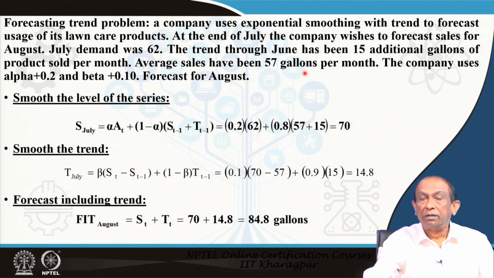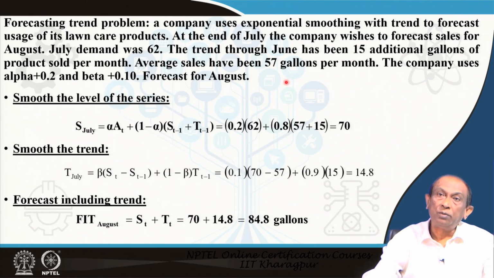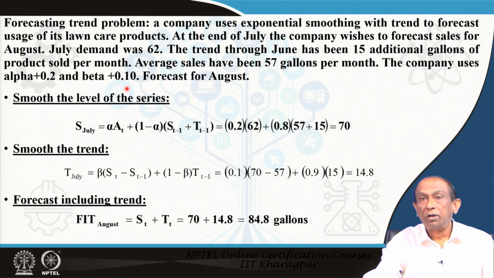And for this particular problem, the company uses smoothing constant alpha as 0.2 and beta as 0.10. The problem is to compute the forecast for the month of August.